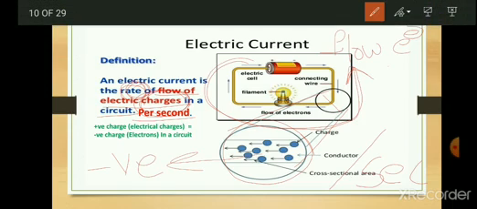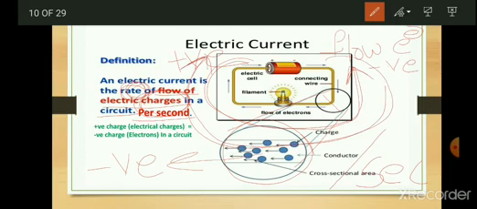It means electrons travelling from the negative terminal of the battery towards the positive terminal is called electric current, meaning how many electrons are moving from the negative terminal to the positive terminal.